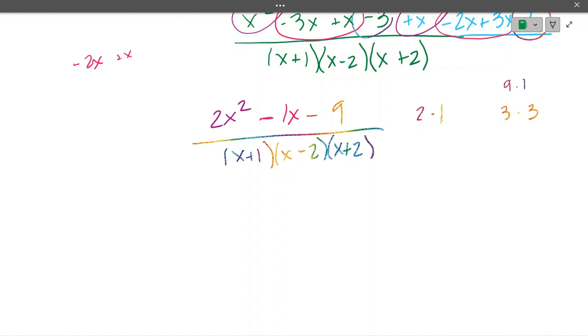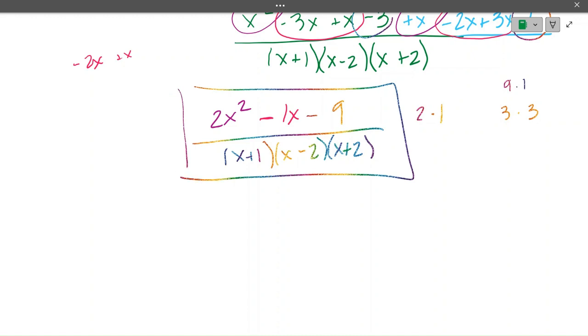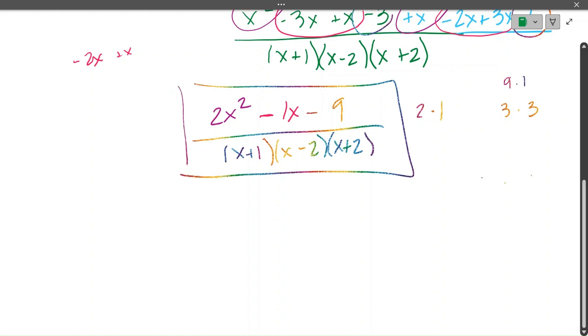I don't think there's any way to factor this. I think this is as simplified as it gets. If you absolutely weren't sure if you could factor the numerator, you could always pop it into the quadratic formula and see if you get whole numbers out. I am 99.9% sure you're not going to get a whole number out. So we're just going to leave our answer like this.